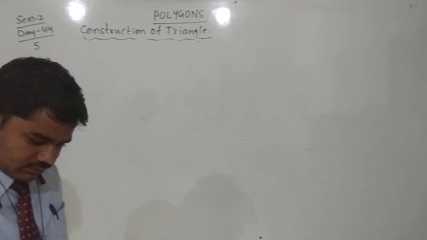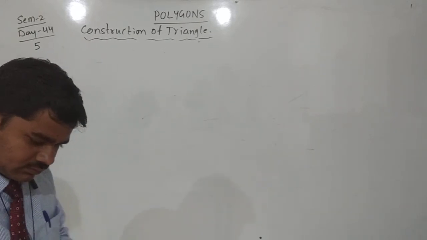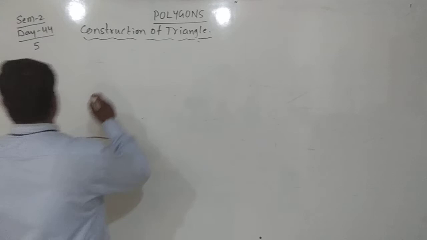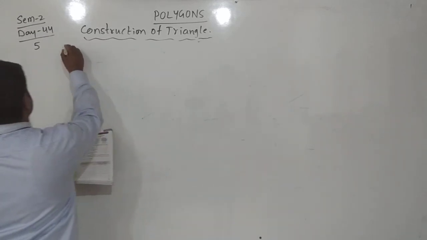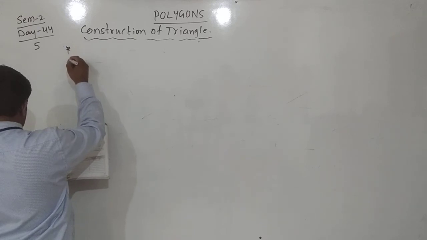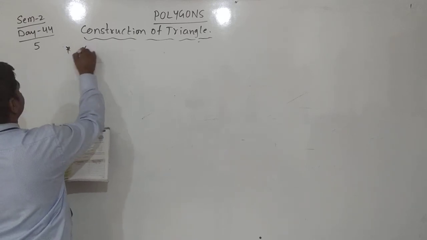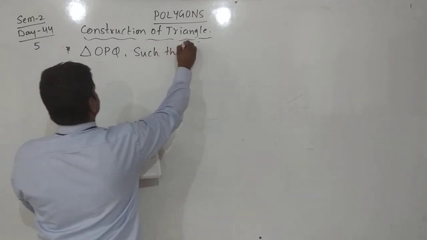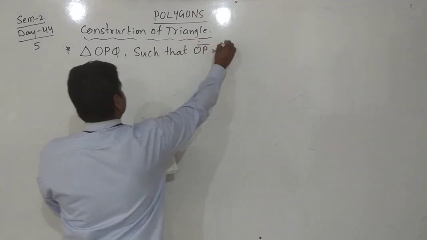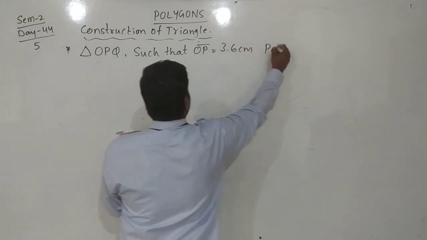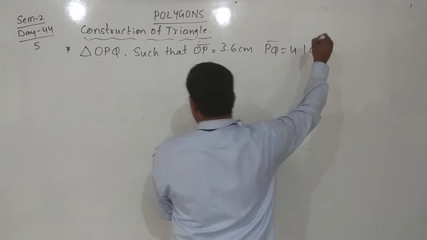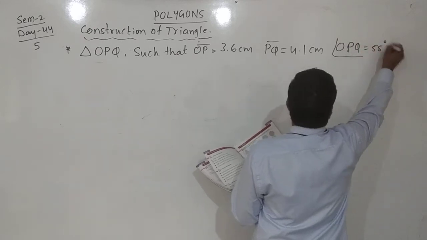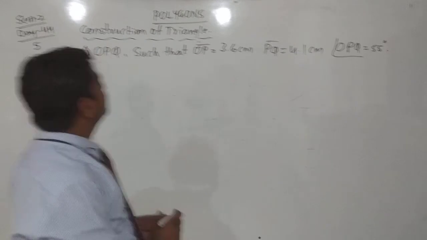Here, construct these triangles. Triangle OPQ such that OP is 3.6 centimeter, PQ is 4.1 centimeter, and angle P is 55 degree.